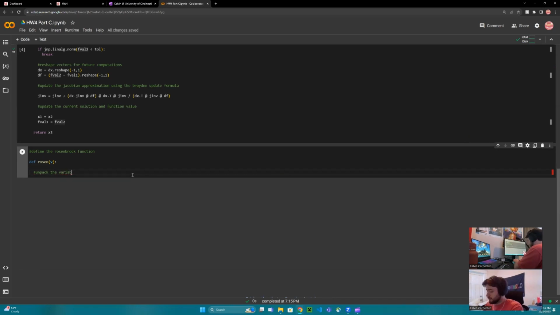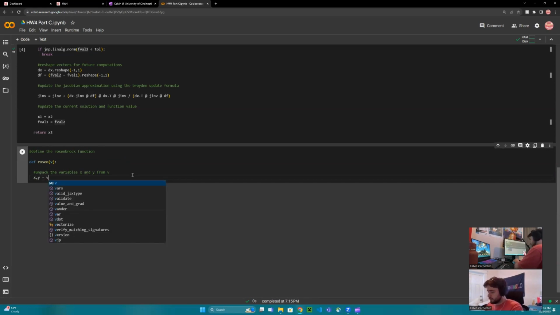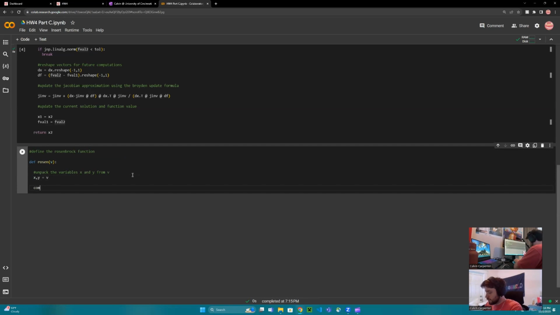We're going to unpack the variables x and y from v. x comma y equal to v. So compute the Rosenbrock values.